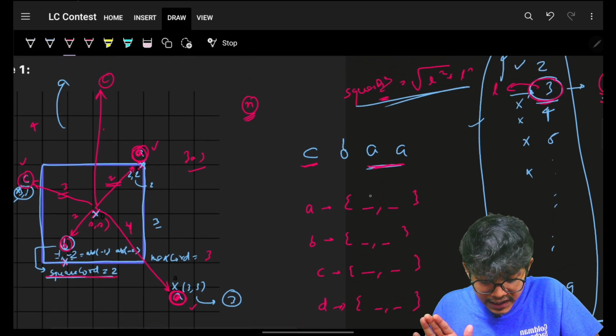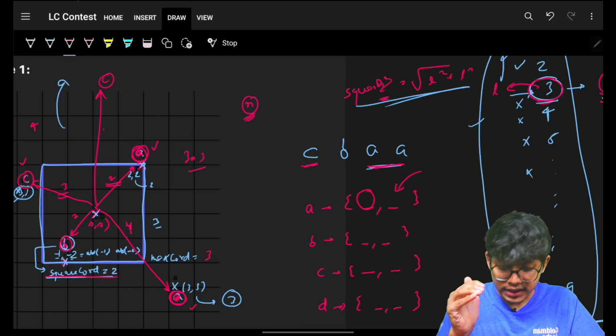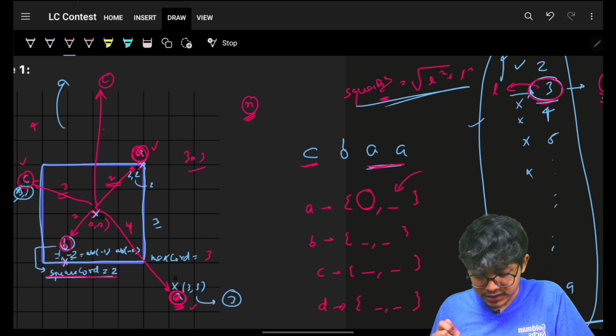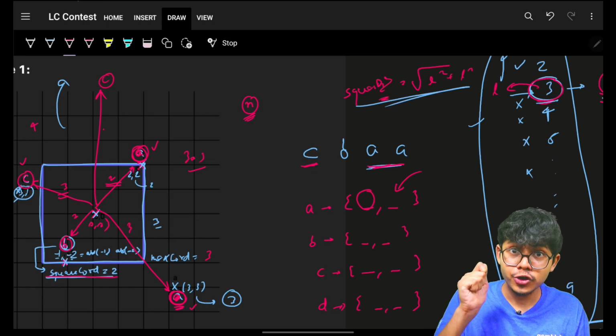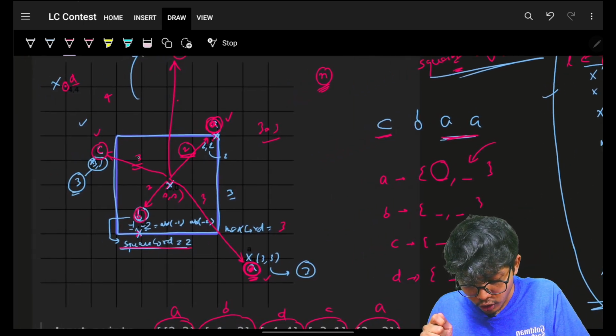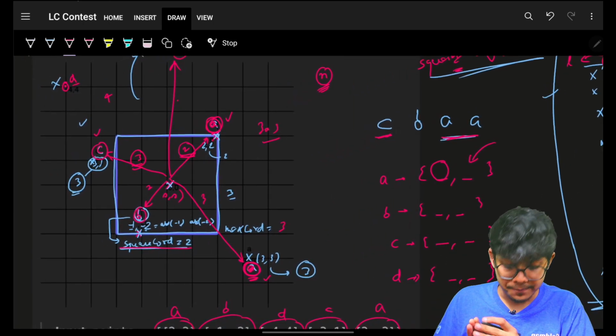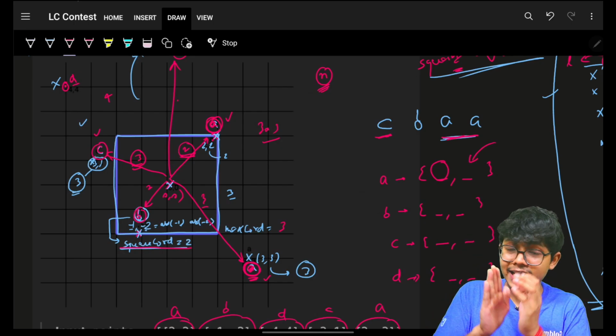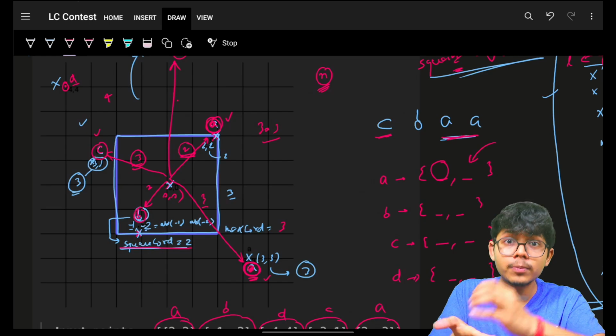I only need the smallest distance. And the next one will make sure that I should never go beyond this. Which means if my next A was coming at a distance of 3, whatsoever distances I'm taking, I can take only up till my point 3. I cannot go on point 3 or beyond point 3.